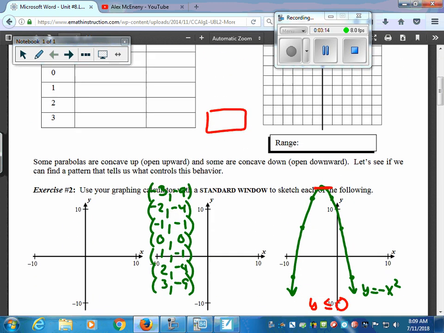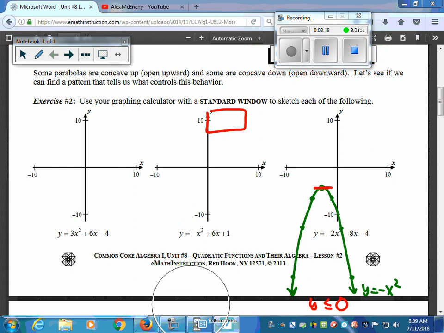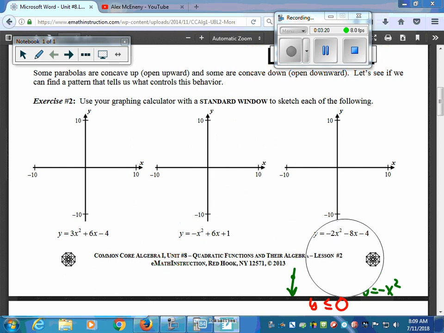Now, some of the things you'll notice when we go to the rest of the graphs, and a lot of these I'm going to have you try on your own. Some of the big things that I want you to focus on is making sure that you mark where this graph touches the y-axis. So where's the point that touches the y-axis, and also how is it shaped?